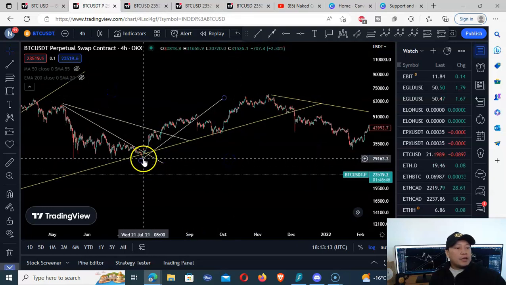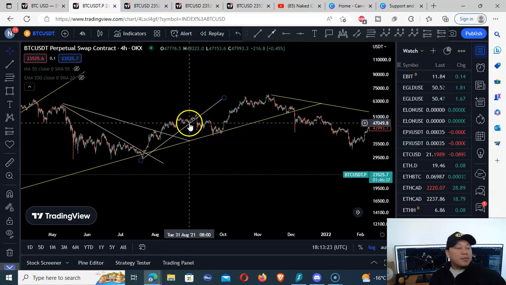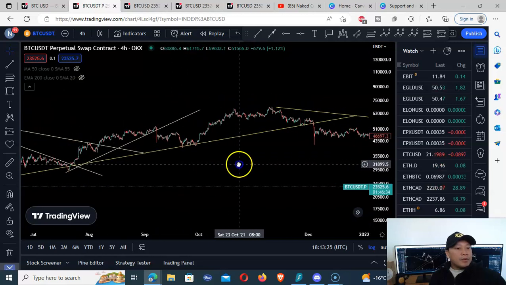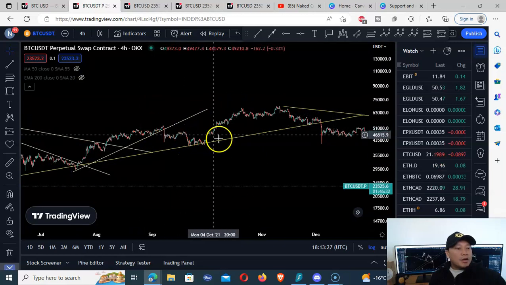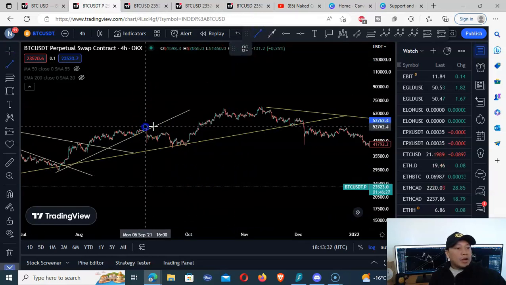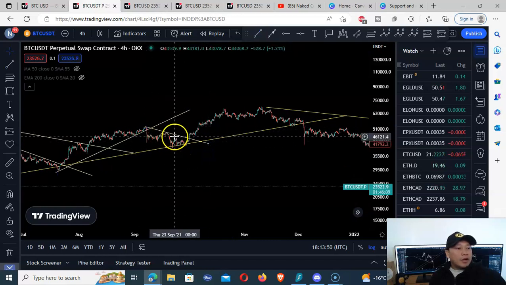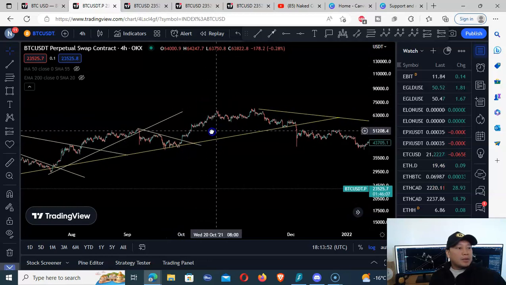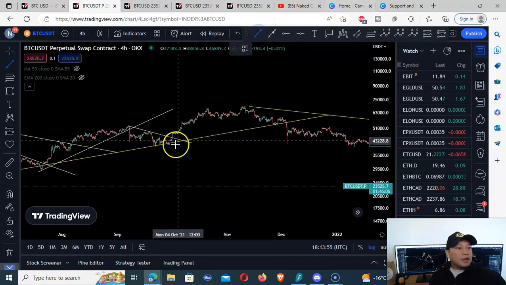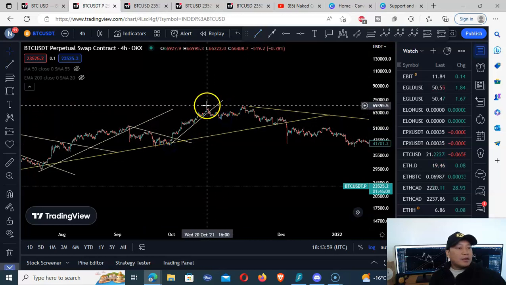How you do it: start from the very low, guys. Same principle, start from the very low to the high. The price reacted on this area and went down, from the high to a higher low, and after that the price went up. Here you go again, from the low to a higher high, higher high.